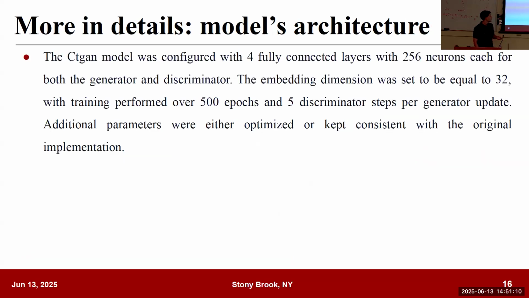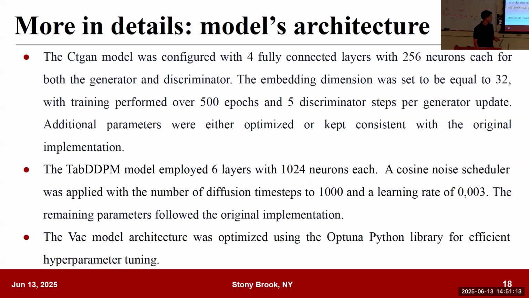So these are more technical details. We can see that for the CycleGAN model, we use 4 fully connected layers with 256 neurons, and we train over 500 epochs. And for the diffusion model, we use 6 layers with 1,024 neurons each, and we train for 1,000 times that.